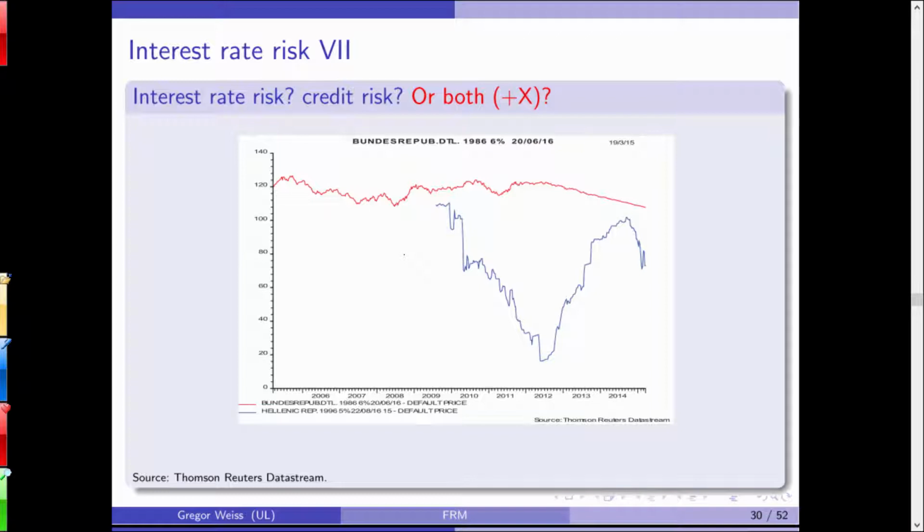And back in 2005, 2010, even Greek and Spanish, Italian government bonds were considered to be virtually risk-free. And pension funds and asset managers, they bought government bonds from all Eurozone countries.